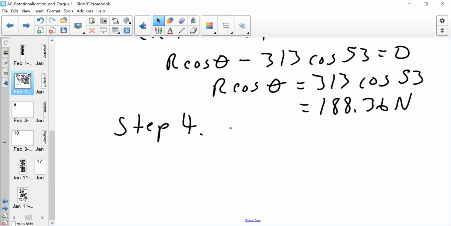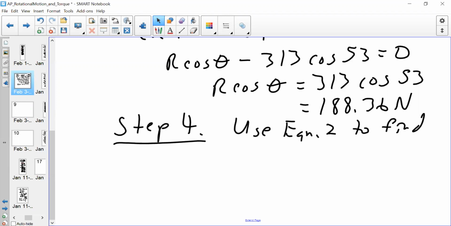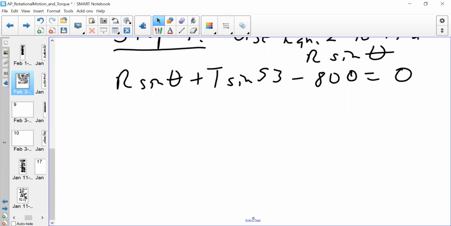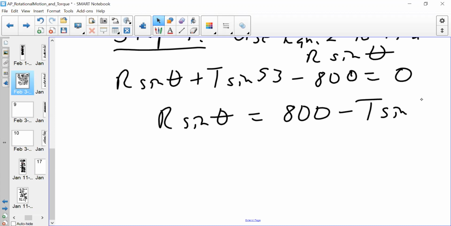Step 4. Again, this is minus 800 because 600 and 200. So again, that's 800 minus t sine 53.